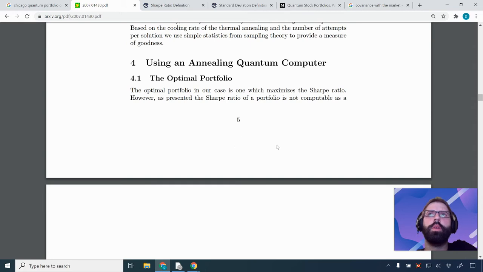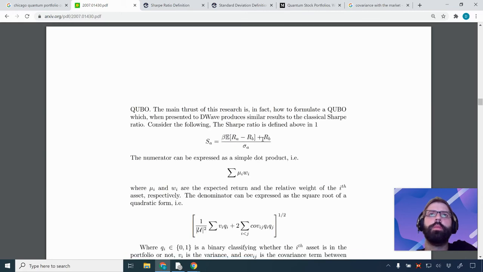The main thrust of this research is in fact how to formulate a QUBO which, when presented to D-Wave, produces similar results to the classical Sharpe ratio. Consider the following. The Sharpe ratio is defined above in 1.